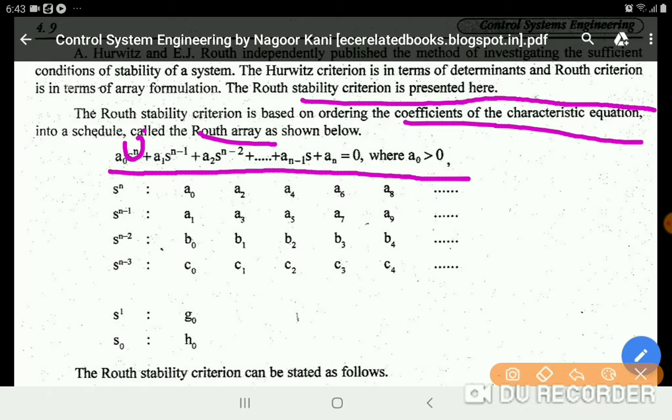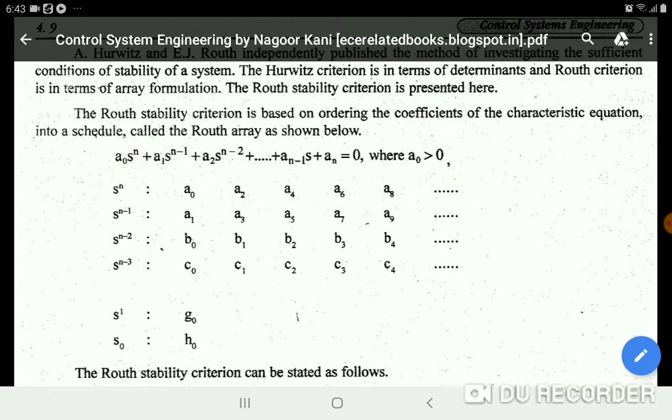The coefficient of s^n is a0. So a0 goes with s^n, you can consider it as s^(n-0). Then next s^(n-1), s^(n-2), s^(n-3), and it goes on up to the last one, s^0.